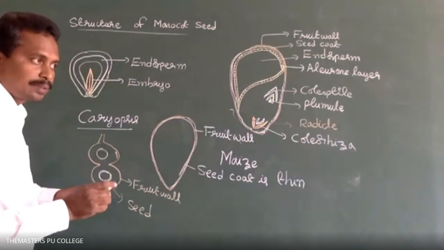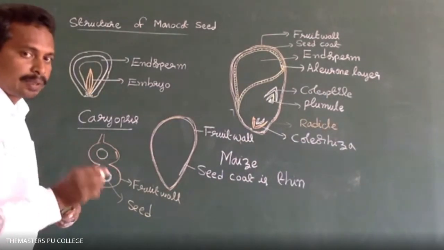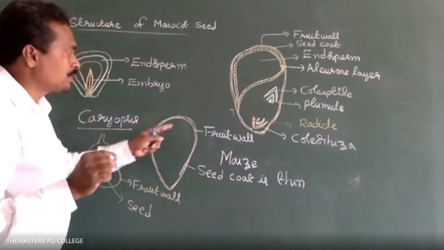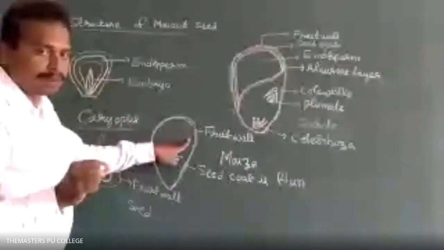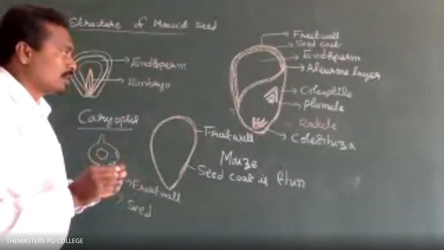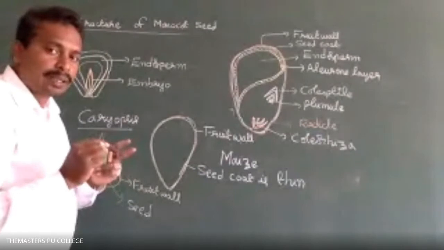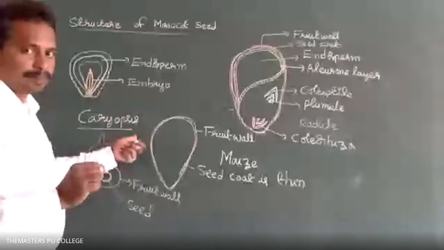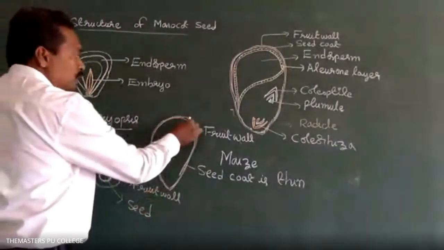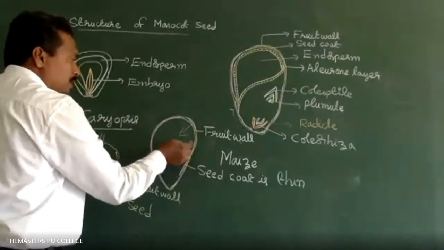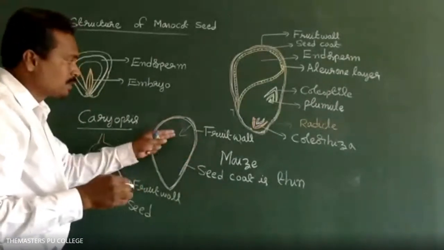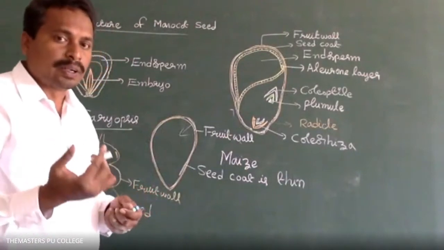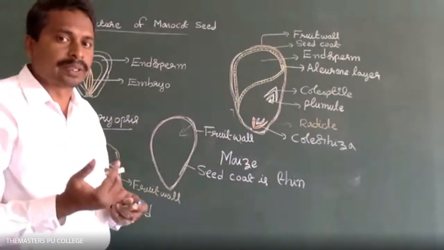In rice, wheat, maize, jowar and grasses, the seed coat is thin and fused with the fruit wall. Such fruits are known as caryopsis. In these fruits, both the fruit wall and seed coat, tightly fused, give protection to the embryo. Okay, sir. Thank you, sir.